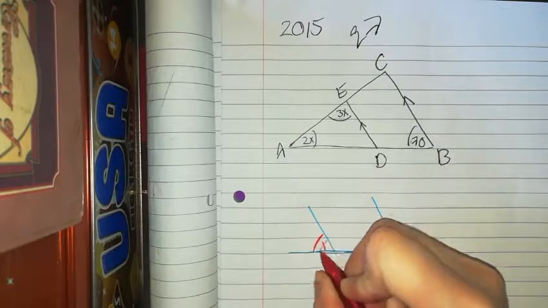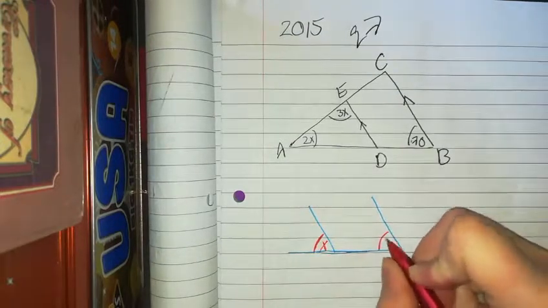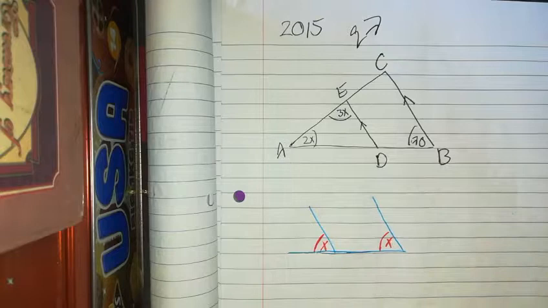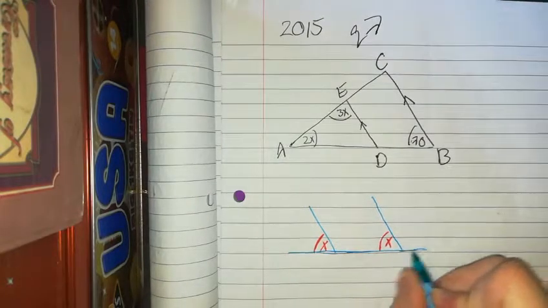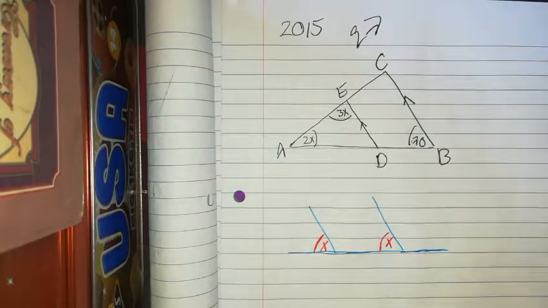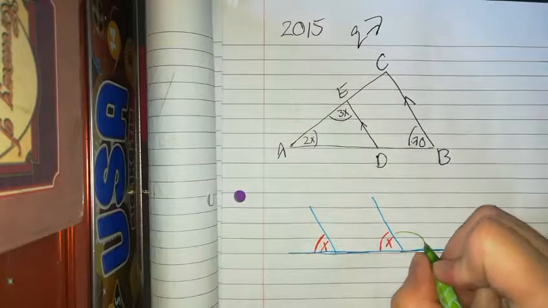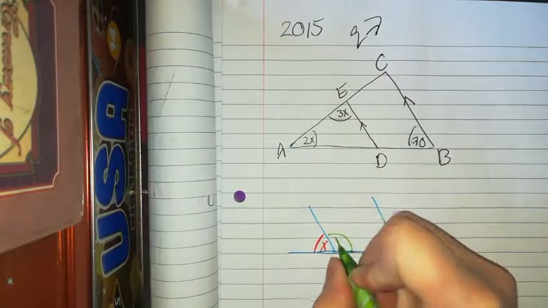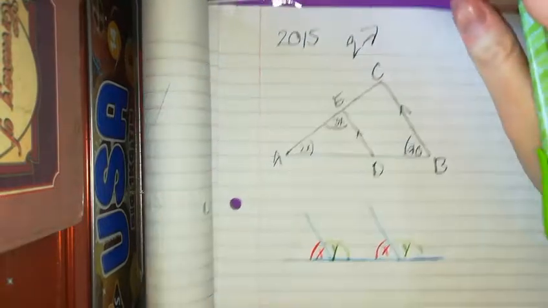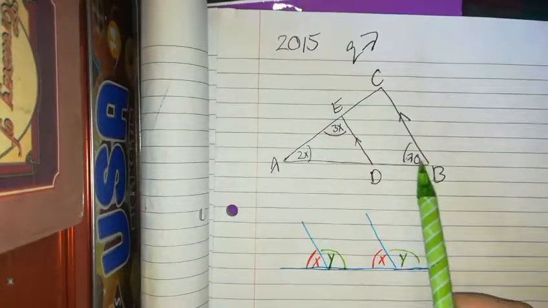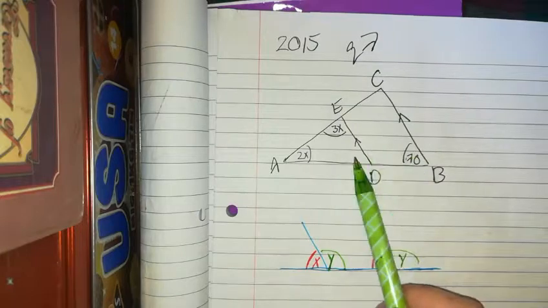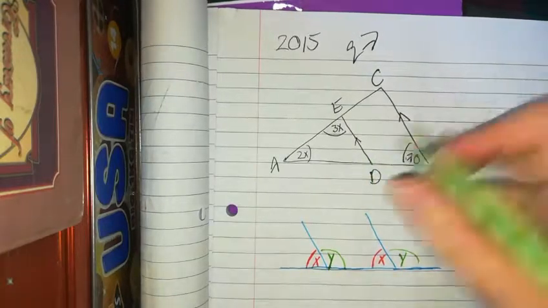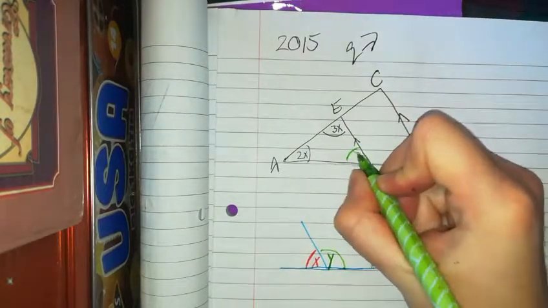So whatever this angle is, it's going to be the same as this angle here. And say if I was to extend that a little bit, whatever this angle here is, let's call that y, that would be equal to this angle here.